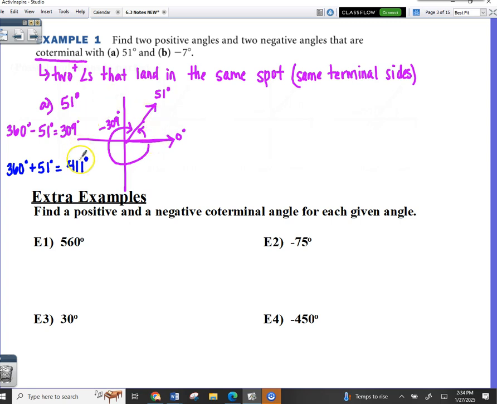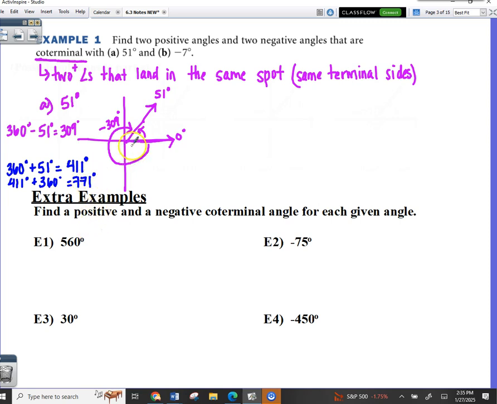So that's a full rotation plus some. Now they want 2 additional coterminal angles. What if we just do another rotation? So let's add another 360. Let's do 411 plus another full rotation. And what do you get? 771.